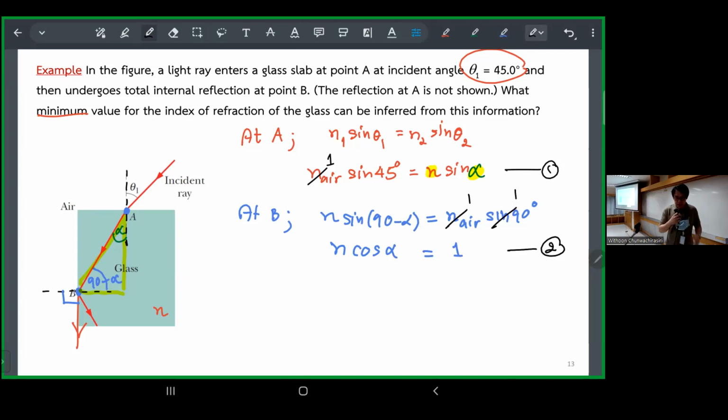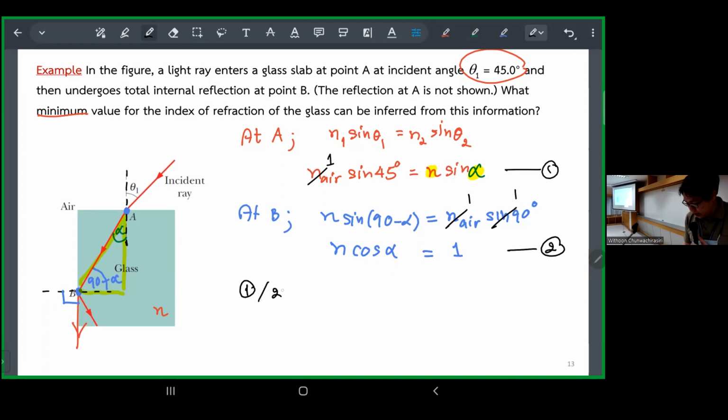Cool? All right. So if you have a calculator on hand, it depends on how you want to get to the end, but for simplicity, maybe you can take equation 1 and divide it by equation 2 first.